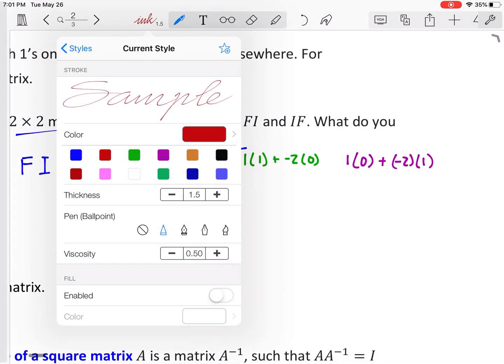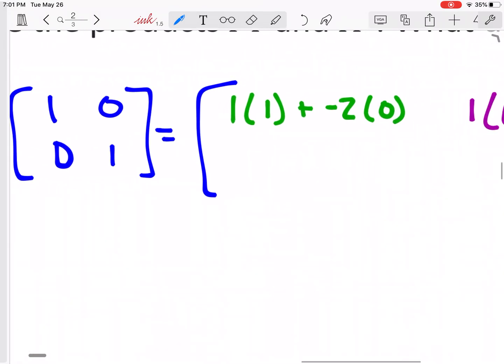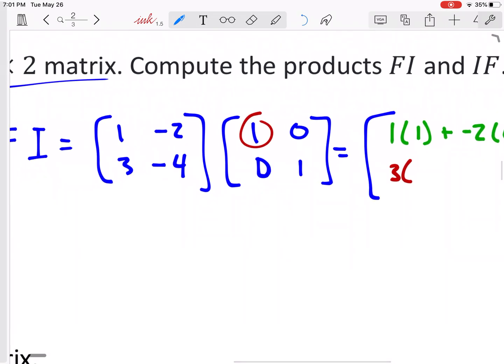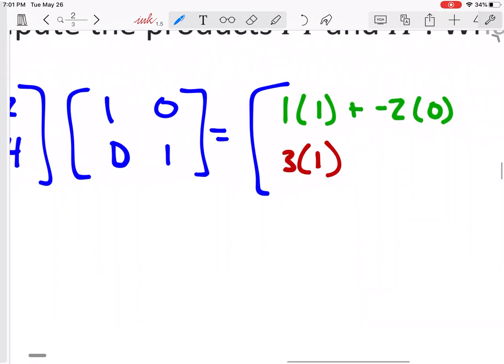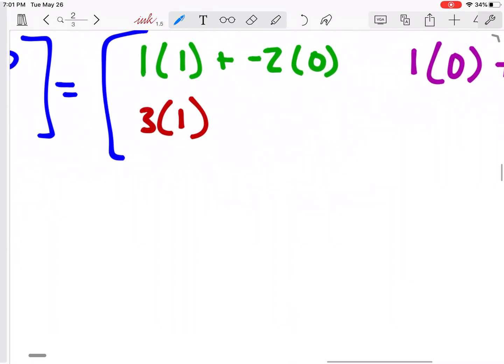Alright, next we're going to take the second row of this first matrix, 3 times 1, we're multiplying it by here, 3 times 1, and then negative 4 times 0, sum of those.